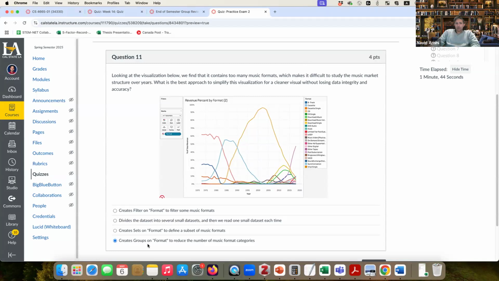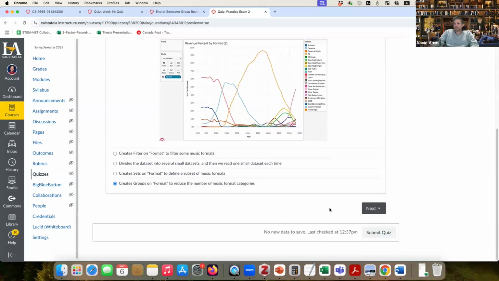So we group them without eliminating any data. Remember, we are not filtering, we are grouping. And that would decrease the number of music format categories. Here, as you can tell, we have so many, so we may be able to combine some of them that are related. And that way, the visualization that we want to deliver is going to be easier to look at, and therefore the audience can gain insights from it more easily.